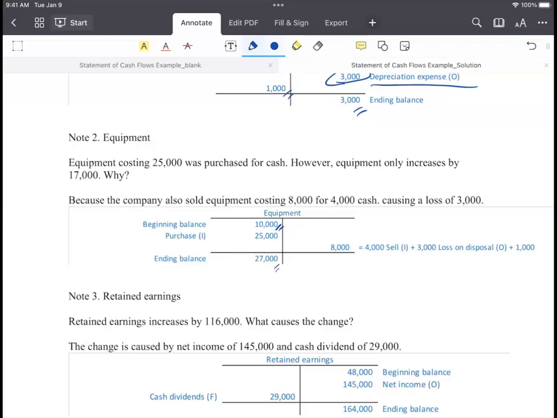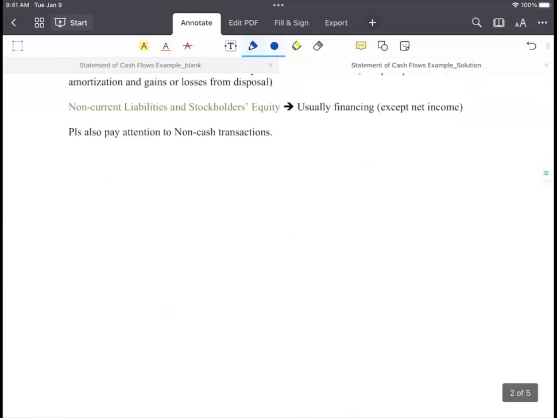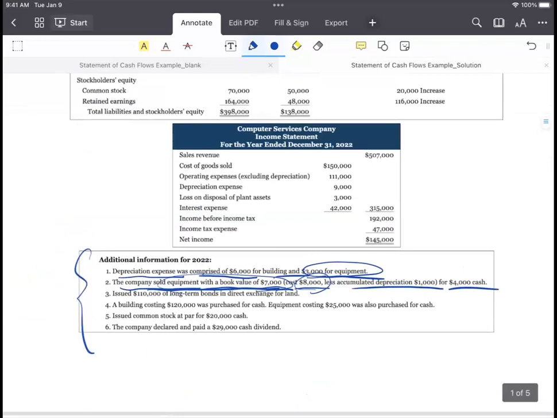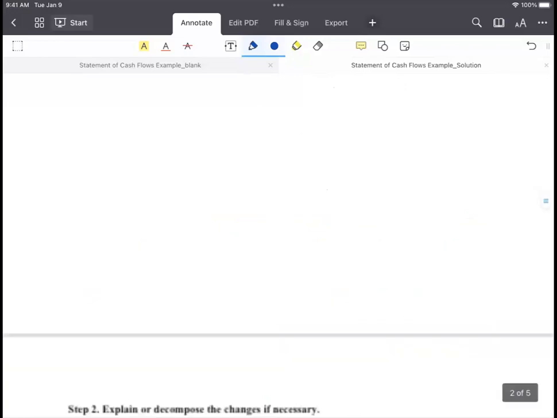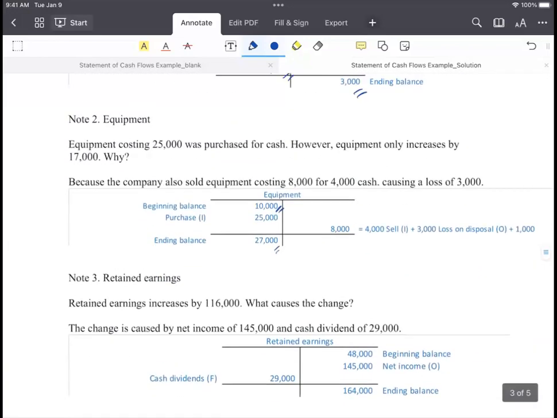So what is causing the increase in equipment? We know the firm sold equipment with a cost of 8,000, so it decreased the equipment account by 8,000.